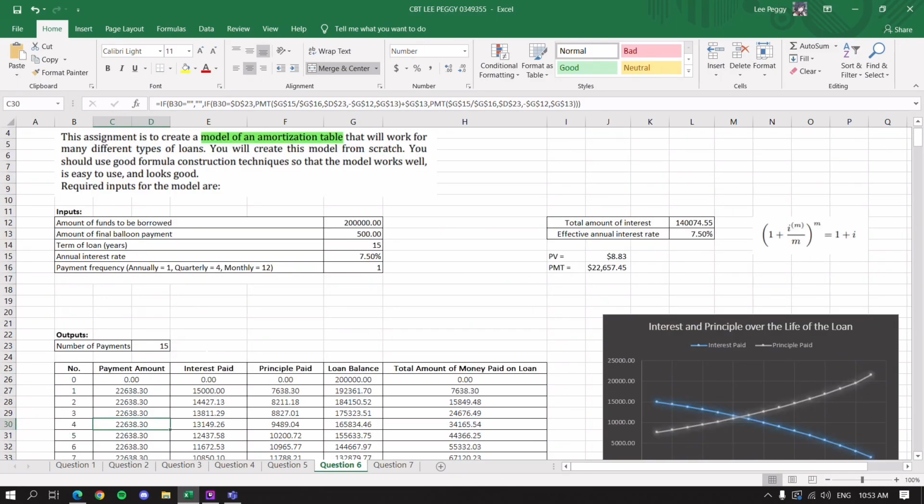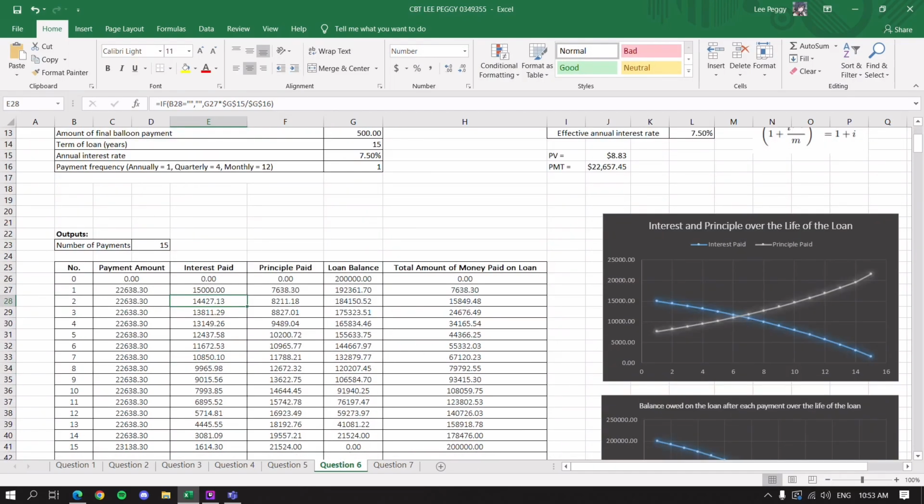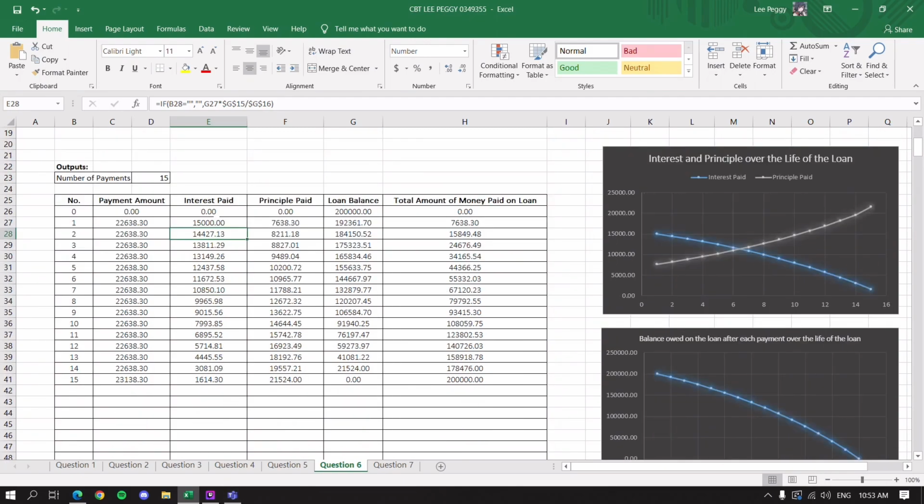So moving on to the interest paid. The interest can be calculated with the formula, which is the interest per period times the loan balance of the previous period. So after we type in this function, we just drag down accordingly so we can get the interest paid automated as well.